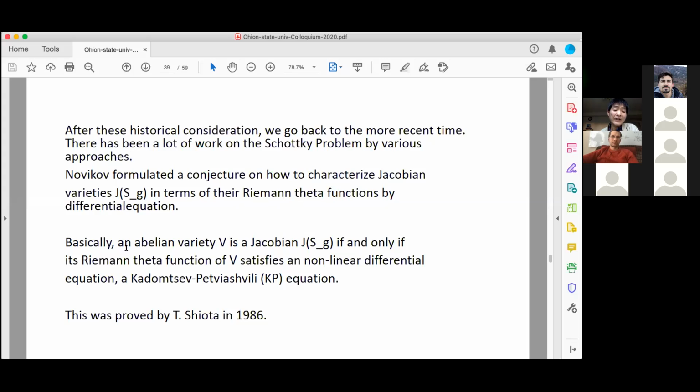Basically, the conjecture is: an abelian variety is a Jacobian if and only if its Riemann theta function satisfies a nonlinear differential equation, the KP equation. This was solved by Shiota in 1986. So this is one solution of the Schottky problem.